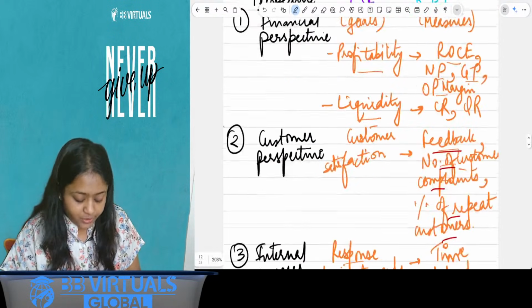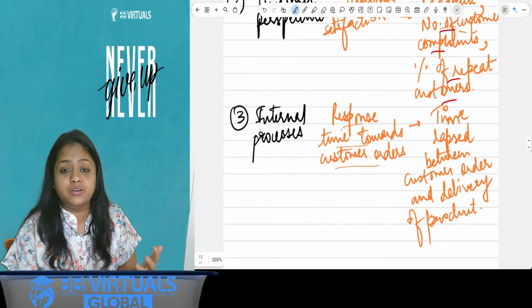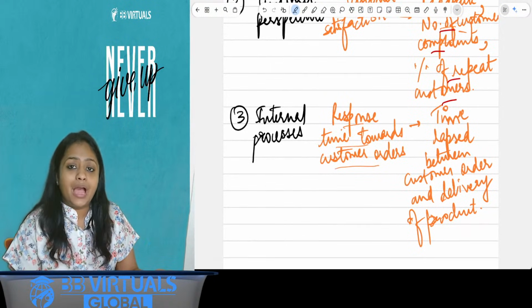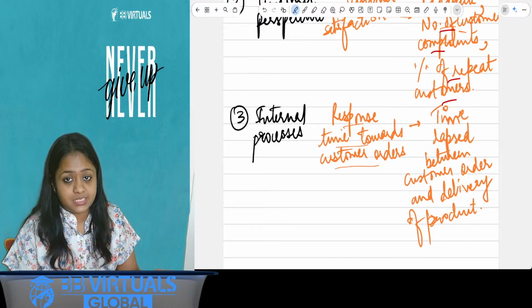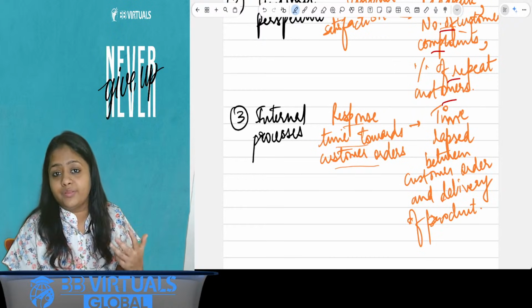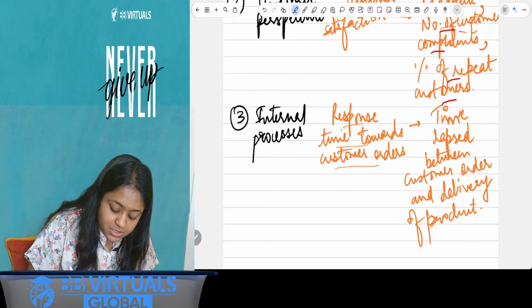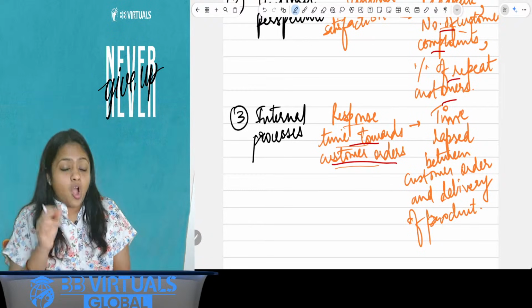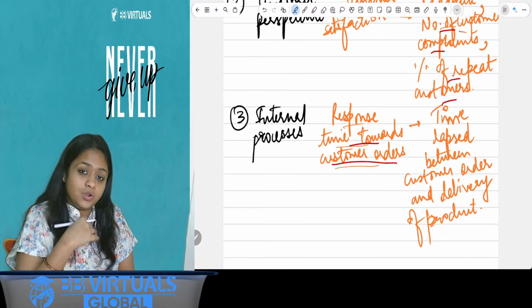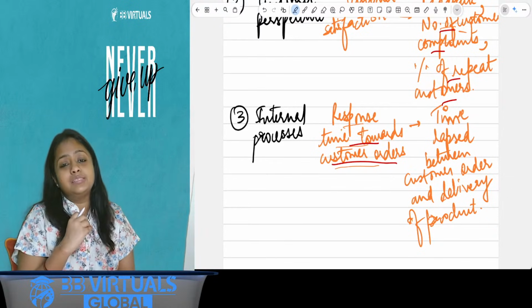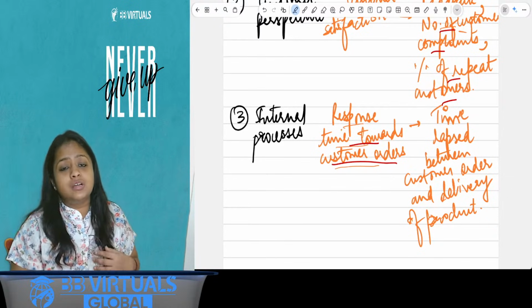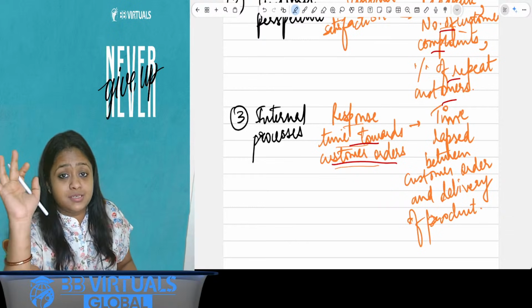So the different critical success factors to analyze this internal business perspective are those by which we know whether the targets are achieved or not. Number one, response time towards the customer's orders. This is one of the goal areas that can be taken. What is the average response time towards the customer's orders that have been raised?